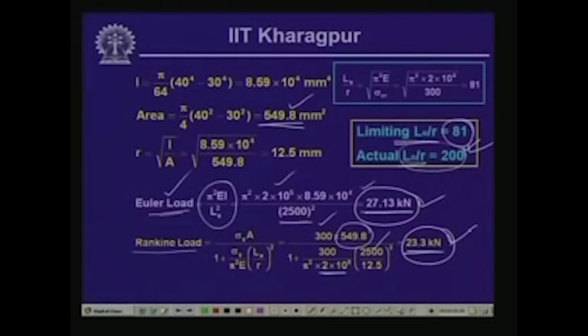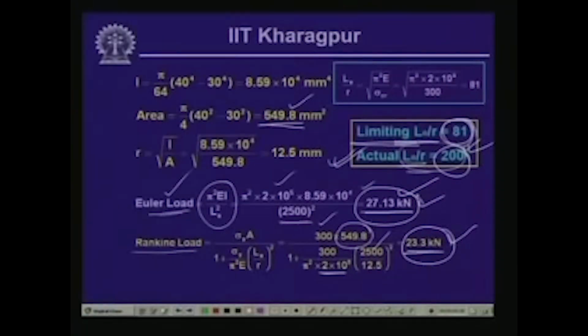Since in this particular case the actual slenderness ratio LE by R is much higher than the limiting value, the stress level will be much lower, as we have seen in the critical stress versus slenderness ratio curve. If you have a larger value of the slenderness ratio, then the corresponding stress is much lower than the yield stress, and thereby the failure in such columns will be dominated more by buckling rather than yielding.